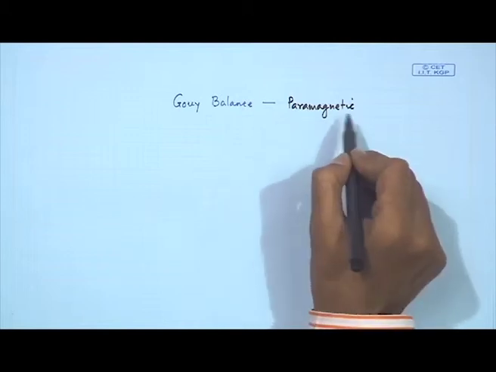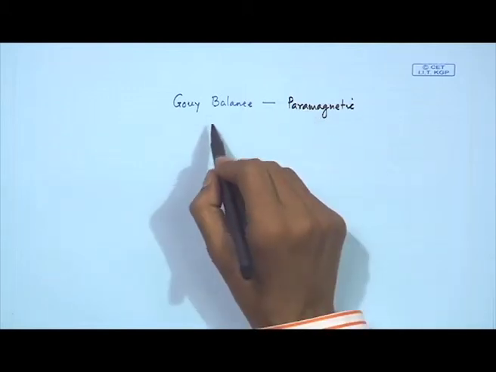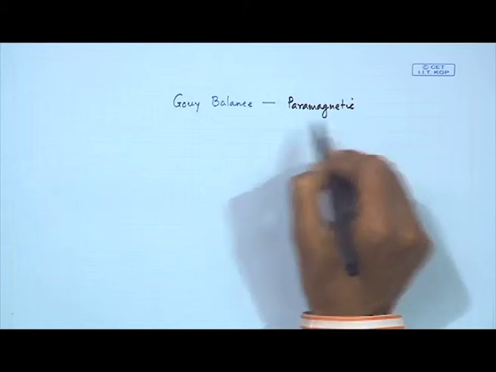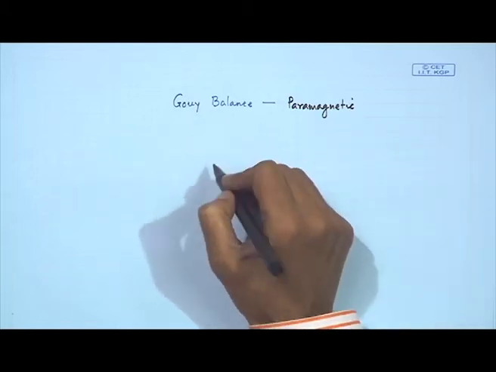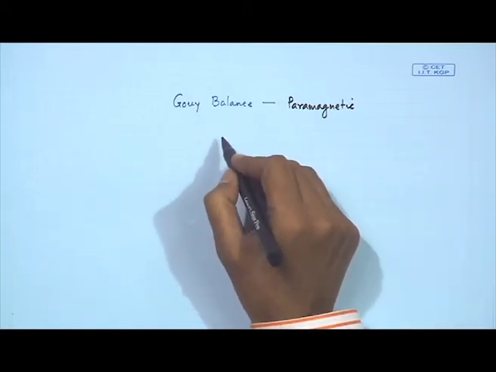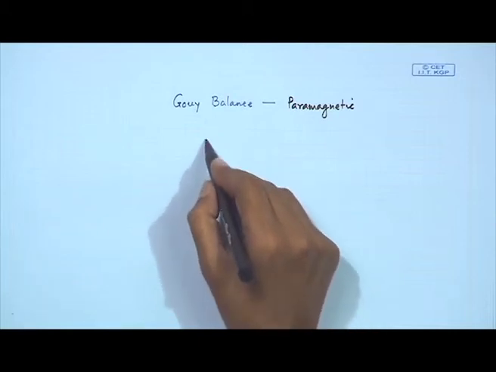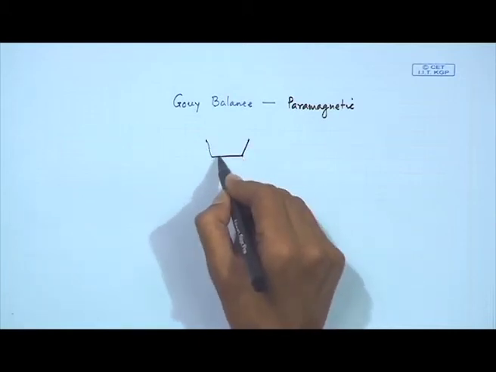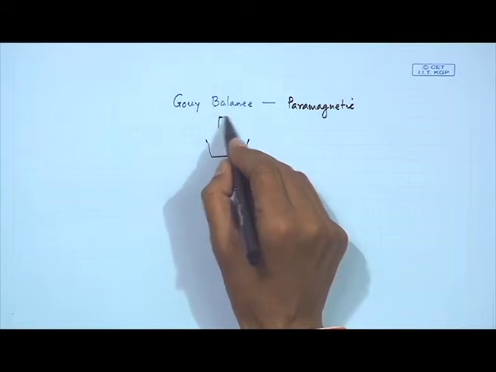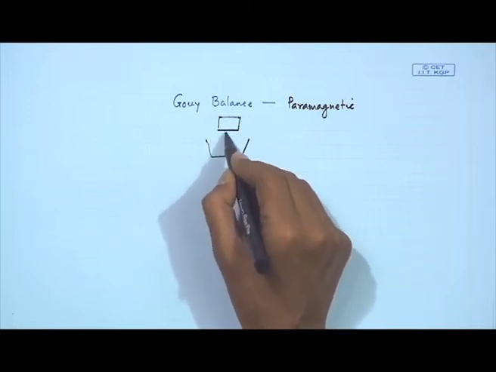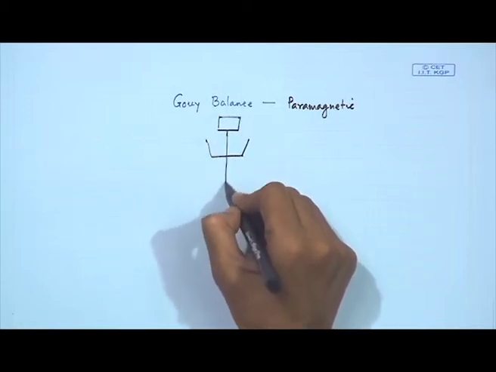The tube which we put on that balance is paramagnetic, and the balance pan basically, where we take the weight, or digitally we can measure the weight, and you have the corresponding tube.